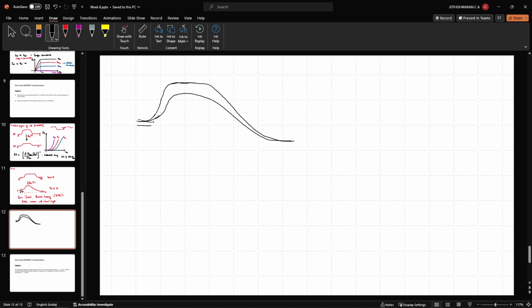For even lower gate voltages, it will just barely rise and it will immediately start falling, which implies at this point it more or less conducts freely. There is a very meager barrier in this case. So this is the direction of increasing VG.